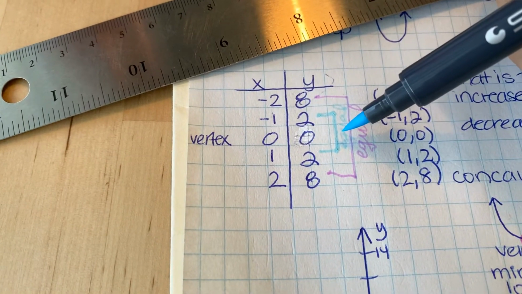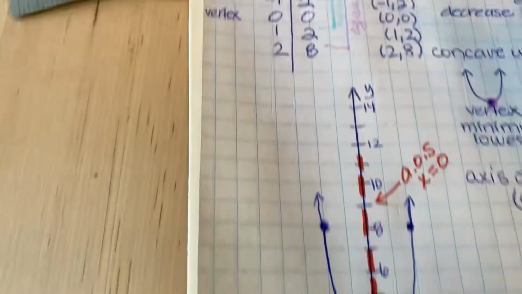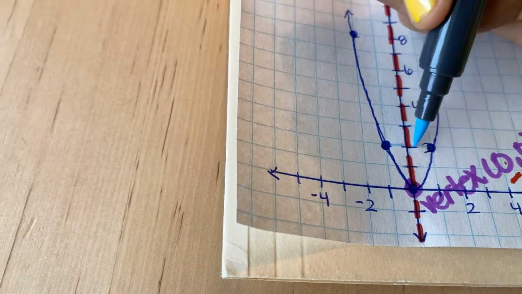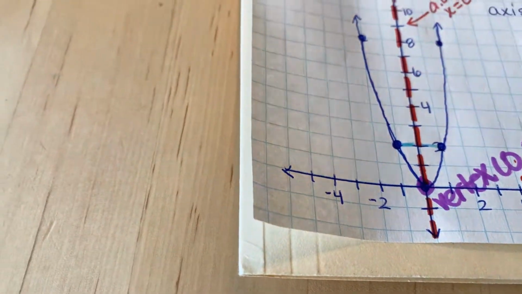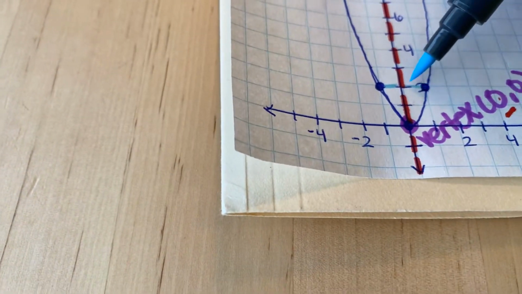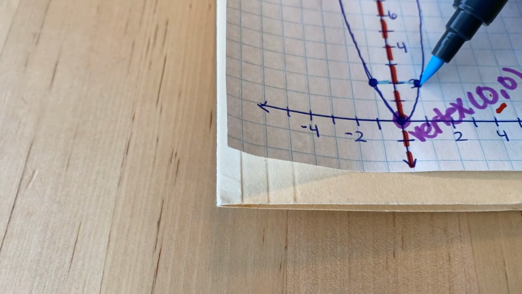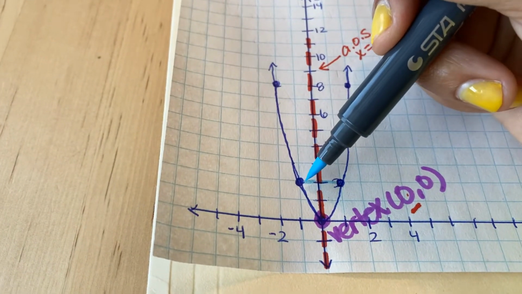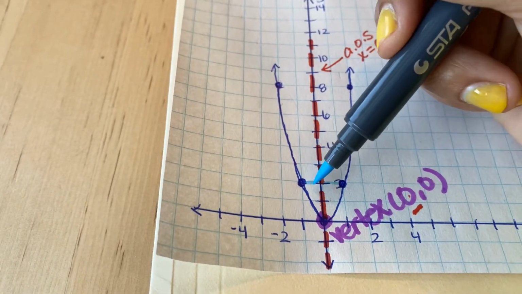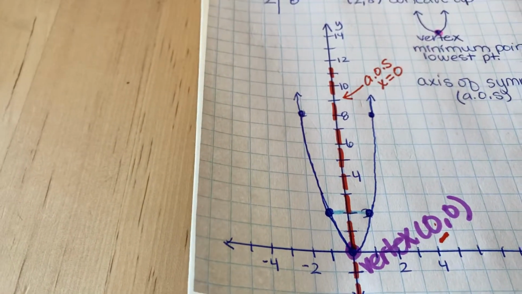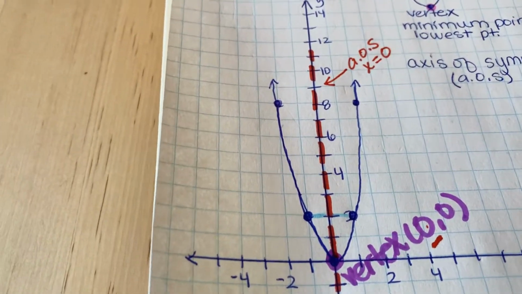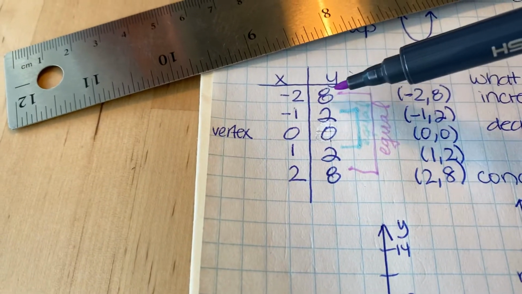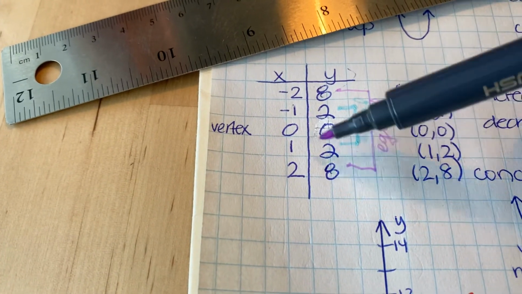It is not coincidental that they are equal, because they are both 1 unit away from that dashed axis of symmetry line. So this is your equality. This is your equidistance. So if I grab the others, -2, 8 and 2, 8.